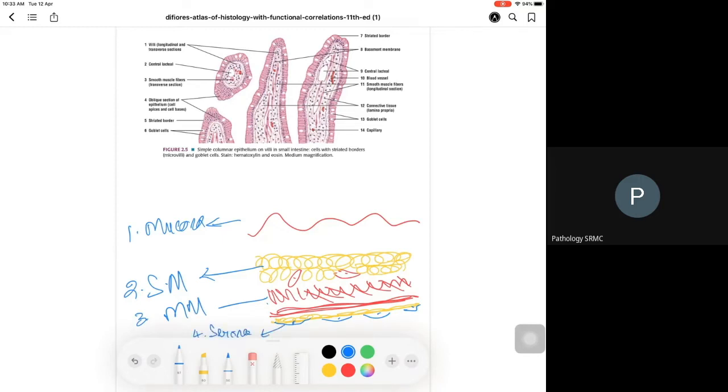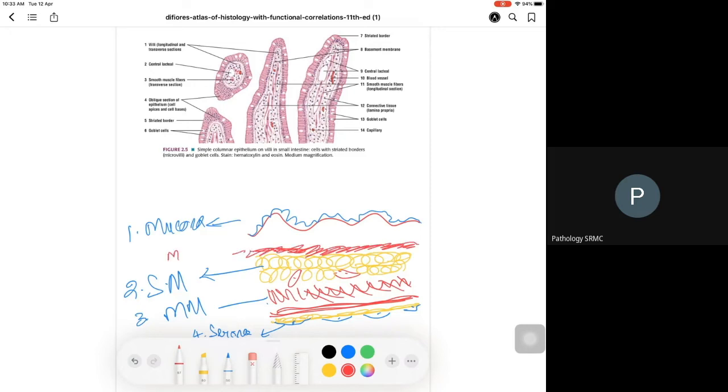So you can see in the mucosa, we have the lining epithelial cells on the top, and then there is a space in between the mucosa and the submucosa, and that border is made by a small layer of muscle cells. So I will put a small layer of muscle there, and that is the muscularis mucosa.